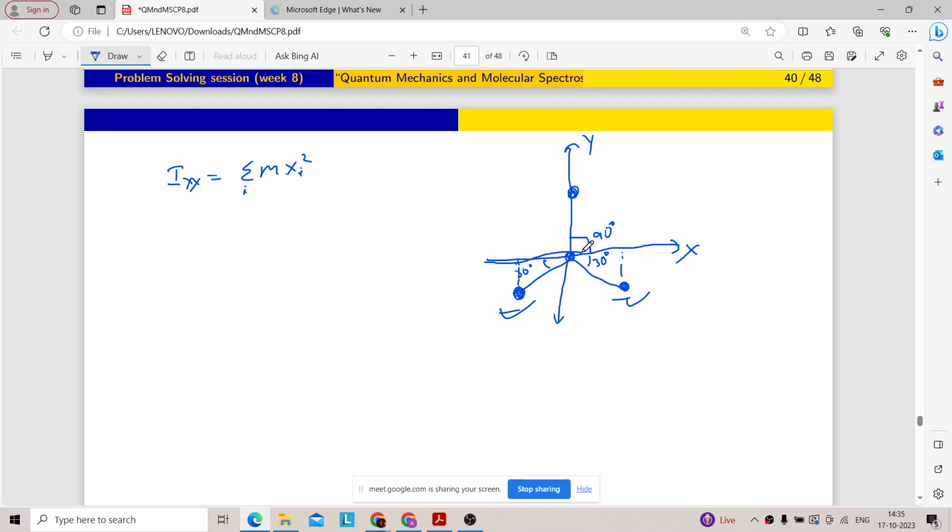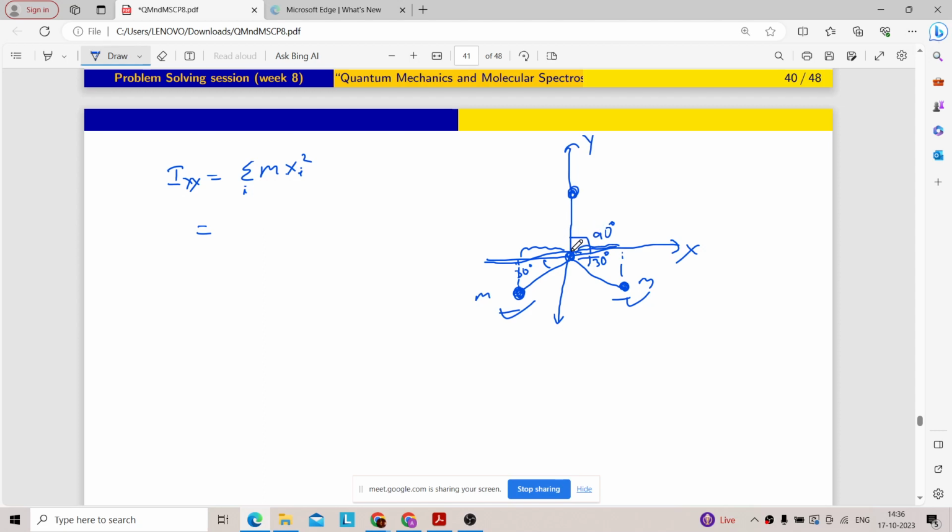Sorry, we are considering this axis, right?